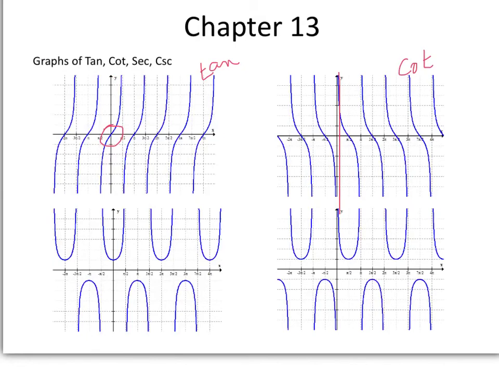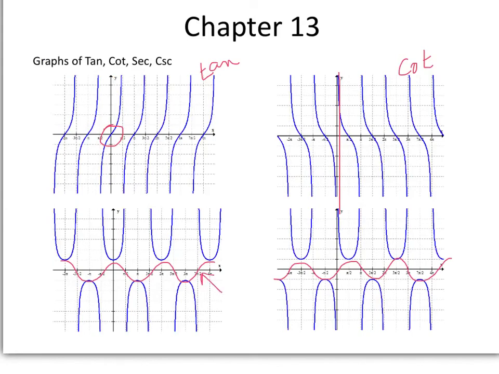For what we're assessing, I am not going to give you any with phase shifts. For secant and cosecant, the best thing to do is to connect the maximums and minimums with a wave function. And then looking at the wave that you've got, determine, is this wave a sine or cosine wave?